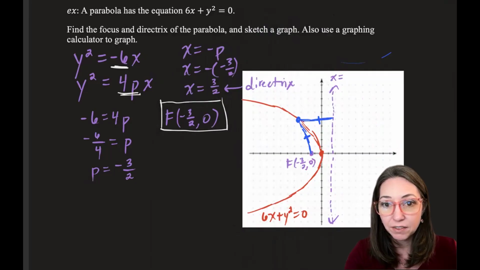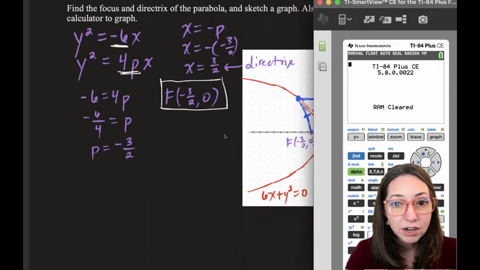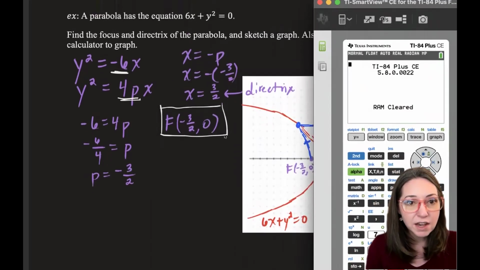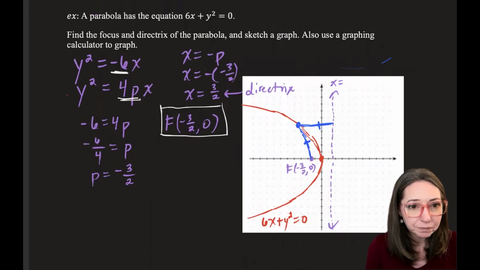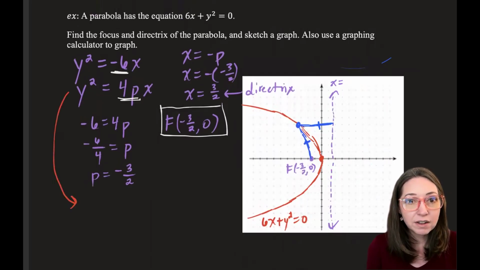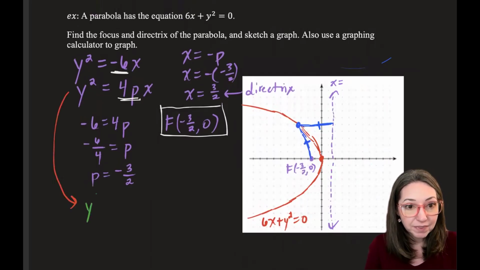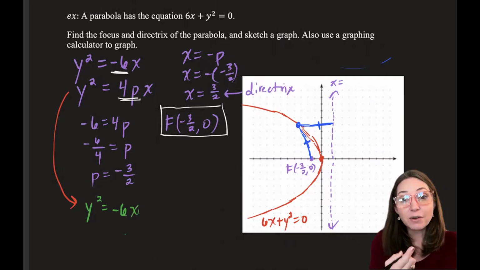I'm going to clear my calculator here. There we go, a fresh start. So let's start with the equation again up here: y squared is equal to 4 times p times x, but I'm going to use the negative 6x version that we've got there.